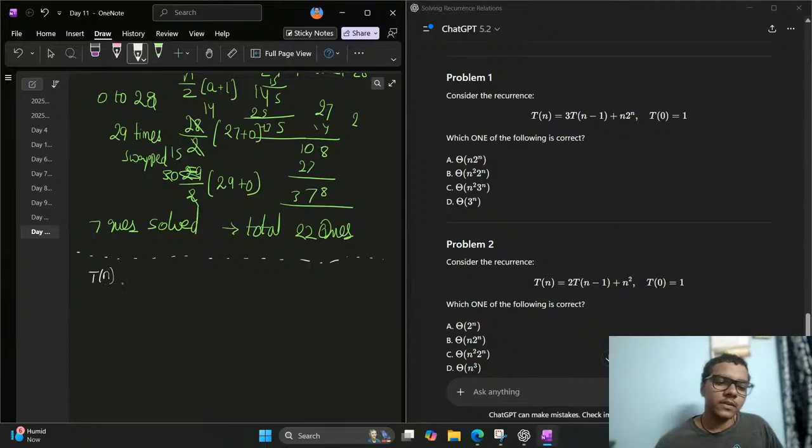So this is T(n) equals 3T(n minus 1) plus n times 2 power n, and T(0) equals 1.